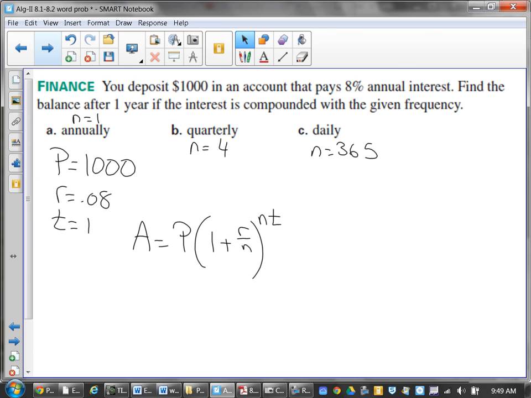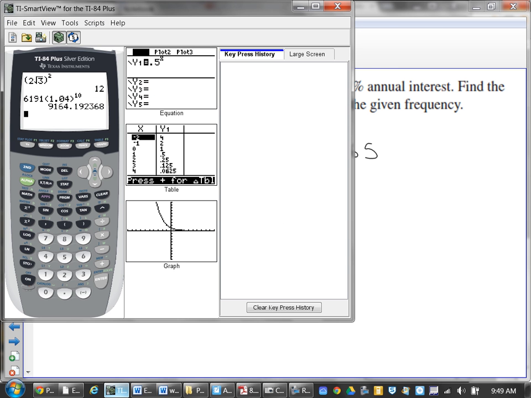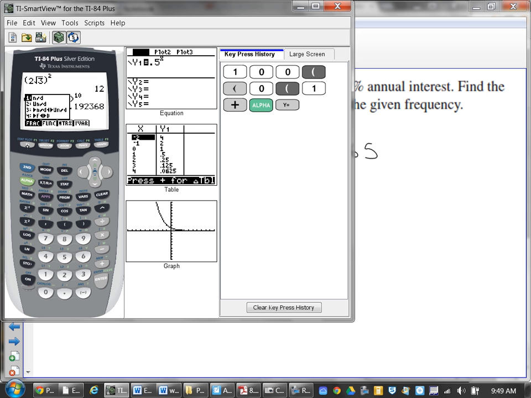Now, what's nice again about doing this type of a problem, was it 1,000 parentheses, 1 plus our rate was what, 0.08? Yeah. 0.08 over 1.